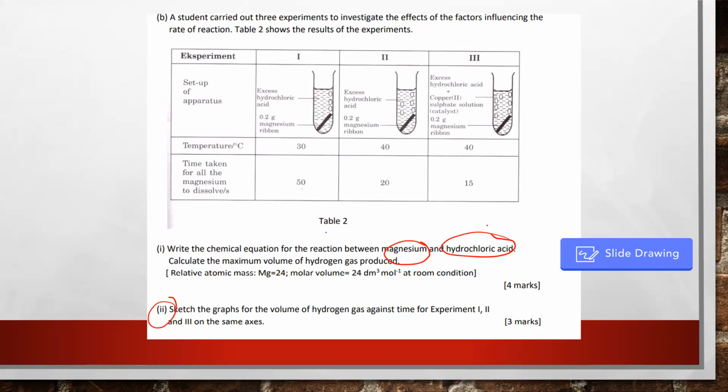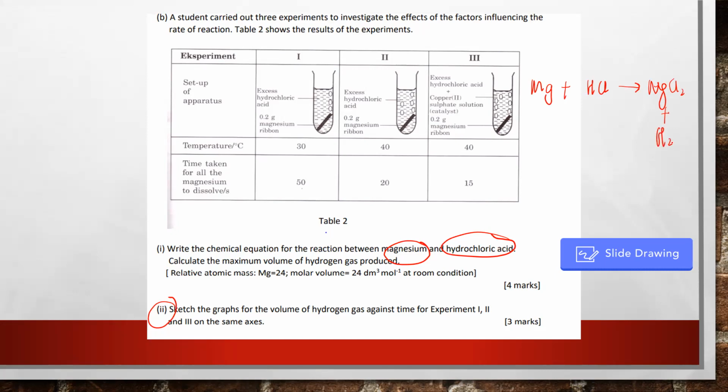Teacher, can you just say it out loud? Can, Karthik. So Mg plus HCl will produce MgCl2 plus hydrogen. Plus what, Karthik? Plus hydrogen. H or H2? H2. Okay. Now, balanced or not, Karthik?